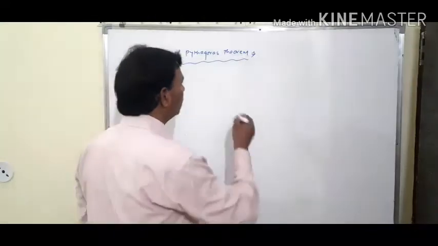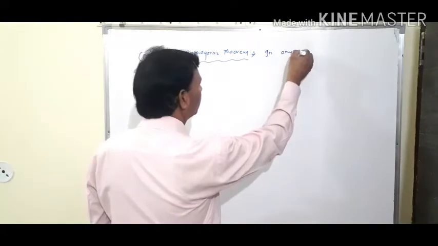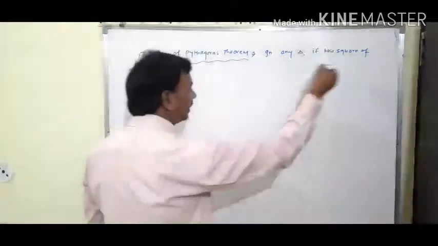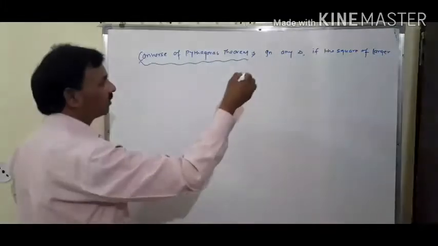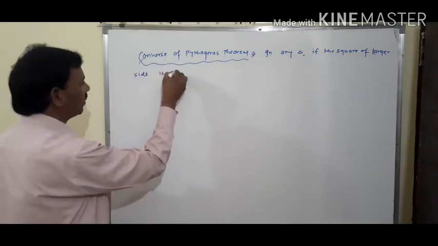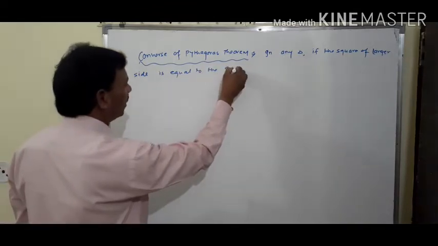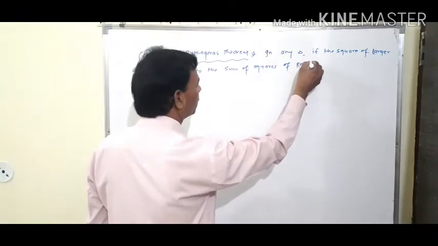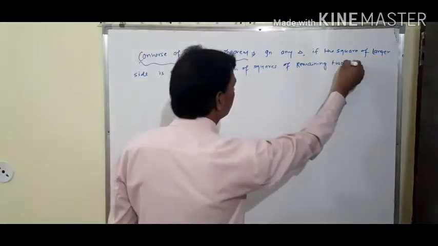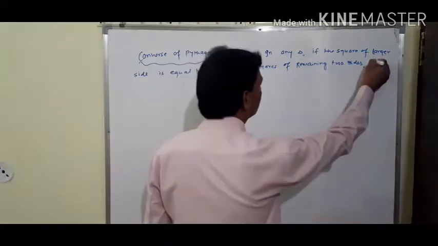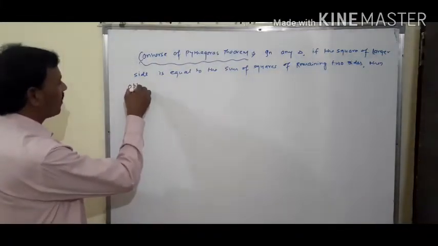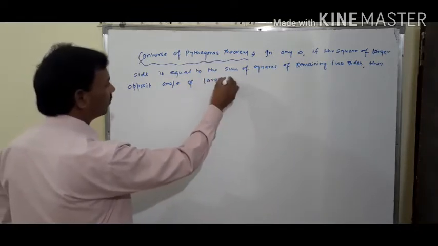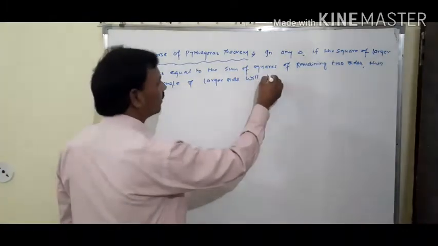Now we write it mathematically. In any triangle, if the square of the larger side is equal to the sum of squares of the remaining two sides, then the opposite angle of the larger side will be a right angle.